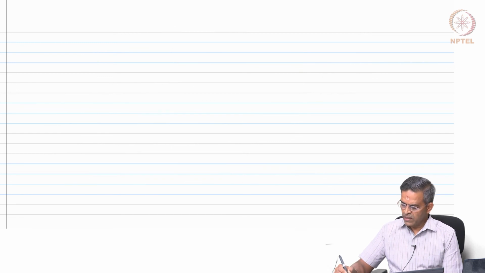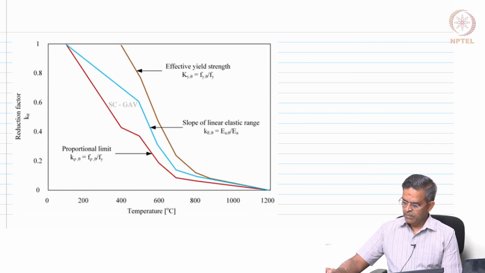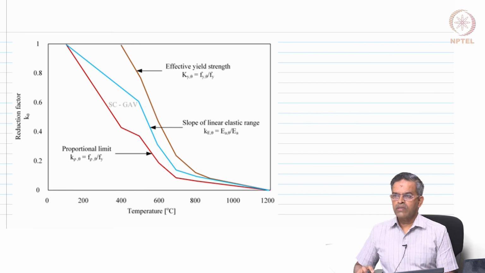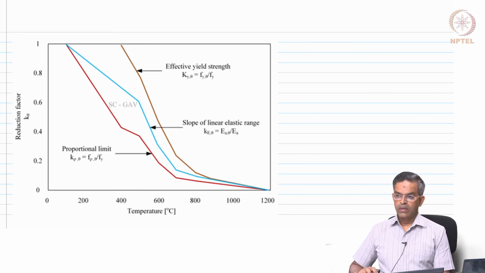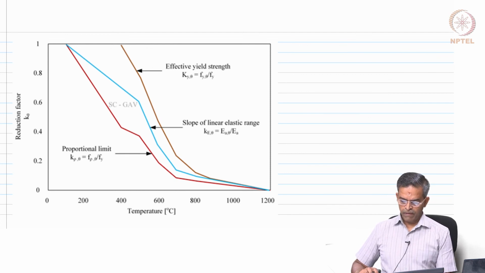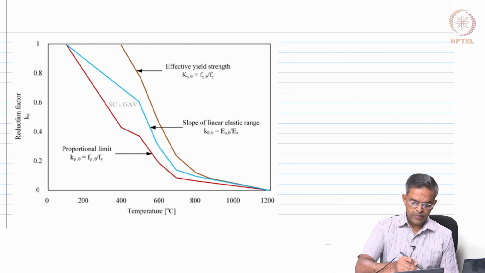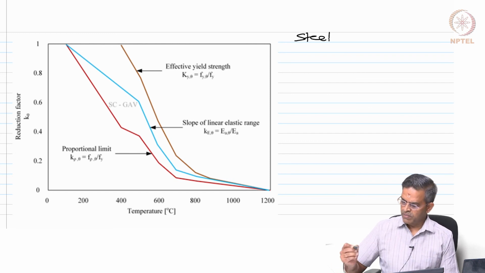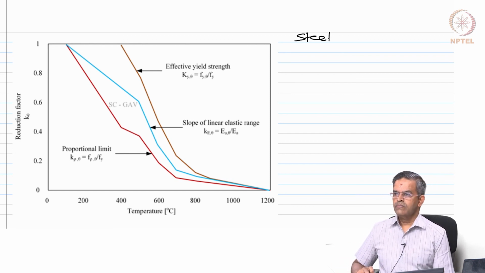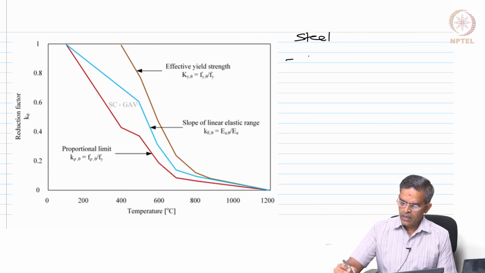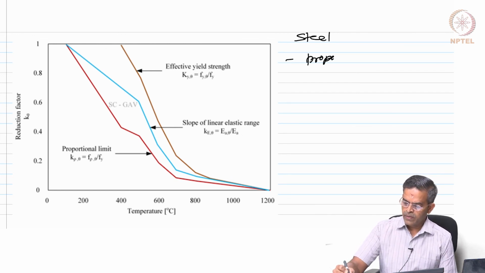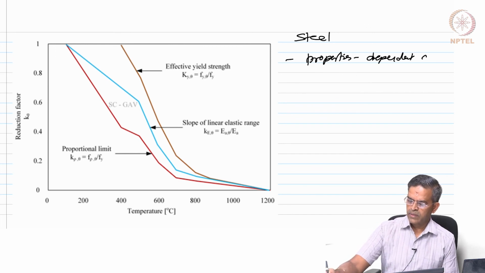Now, friends, as we understand, steel is seen as a very advantageous material. The curve on the screen shows the temperature with reduction factor, which is the strength gradation of steel. So, steel is the most preferred material, but steel has got properties which are dependent on temperature.